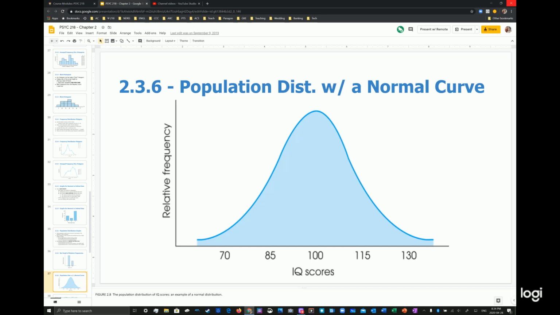A curve would show that, oh, there are many points between, let's say, 85 to 100 and 100 to 115. And this IQ test, for example, would be measuring tens or hundreds, thousands of people. So if you had all these points, a frequency distribution polygon would be the best way to show that information.